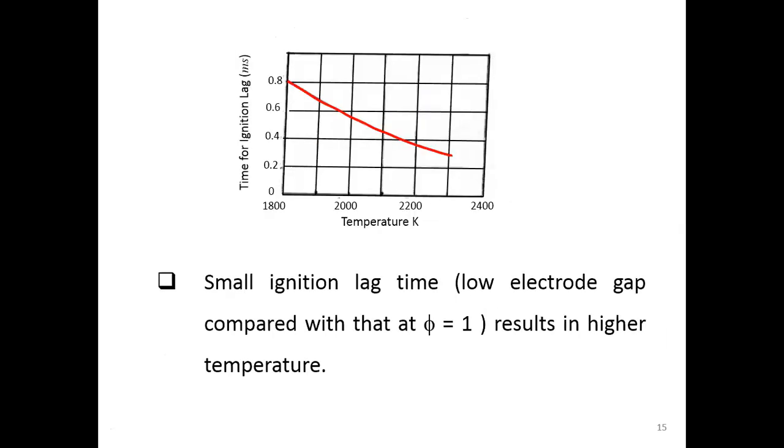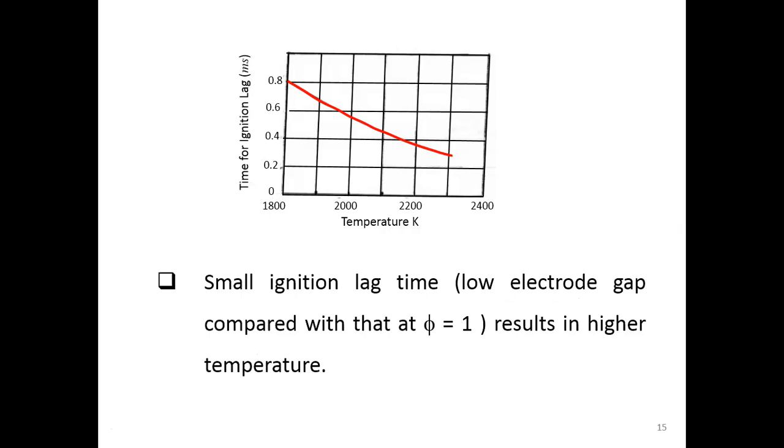Okay. So this one shows you that the time of the ignition lag also depends on the temperatures, right? Because if you get higher and higher temperatures, the time for the ignition lag is smaller, which is good. And this is the same as when you have the low electrode gap compared with that at the stoichiometric ratio.